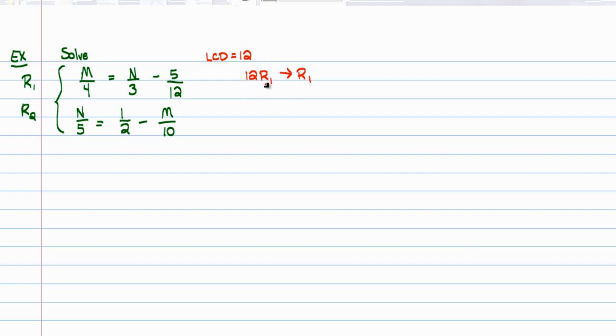Also, remember, when I first introduced this section, I showed you that multiplying an equation by a non-zero number doesn't change the solution. So this is not going to change the set of solutions at all. Here I go. If I multiply the left-hand side by 12, I'll get 3m. The right-hand side by 12, I'll get 4n minus 5.